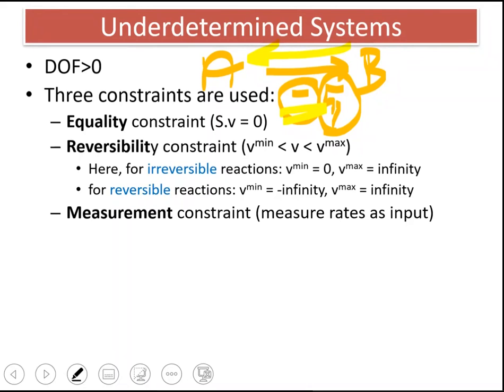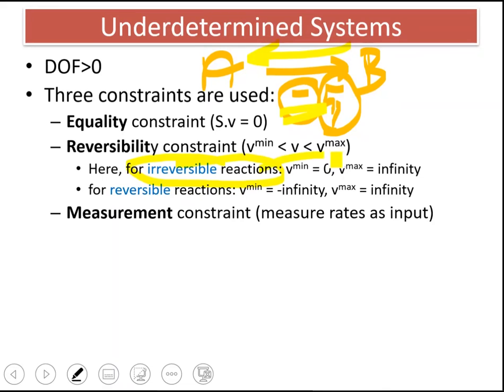So the reversibility information also provides constraints for our problem. How? We can easily say that irreversible reactions, they can never take negative values.